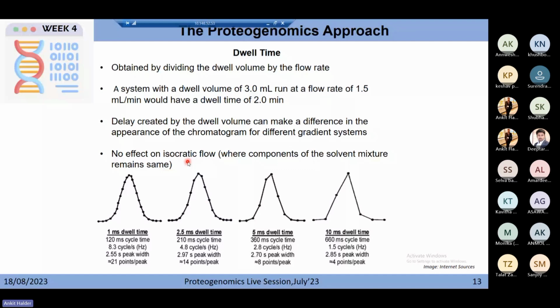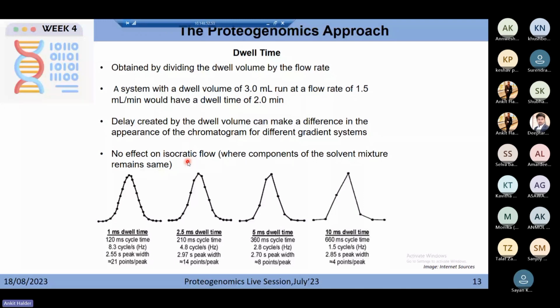If you are using the same solvent composition throughout, there is no gradient, so you will not get a good chromatogram, but the dwell volume also has no effect. But whenever you are using an increasing gradient or a change in the gradient, then definitely this will have an impact on your system and how the peptides are eluted out.